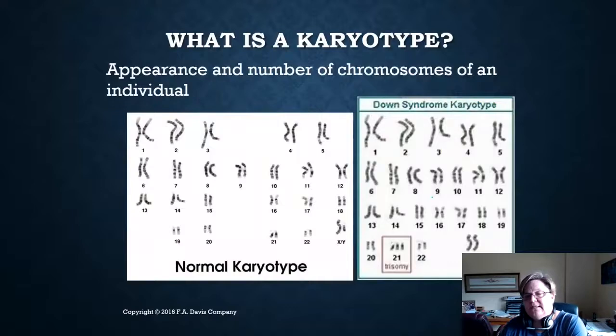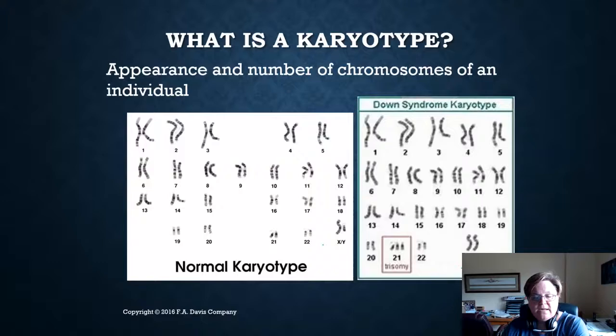So we also need to talk about karyotypes, because these are the actual chromosomes that an individual has. We know that typically we have 22 chromosomes and then a pair of sex chromosomes. And normally those all come in pairs, and we will have 2 chromosomes with each pair.